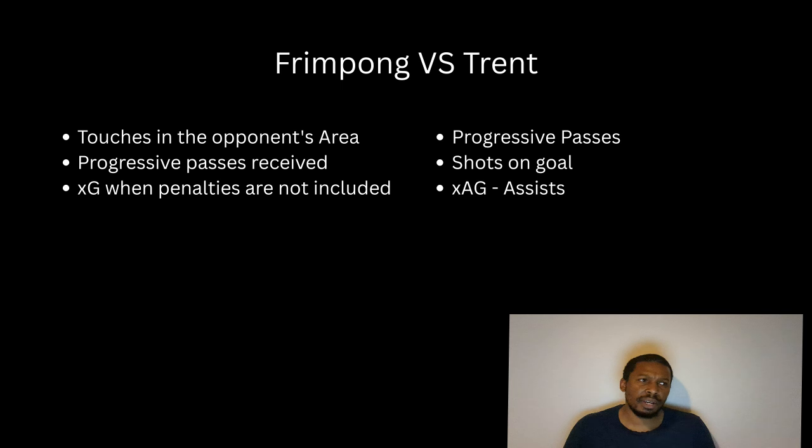And you think, okay, fine, that's what he's good at. But then when you look at Trent Alexander-Arnold, well, he's good at changes. So Trent's high stats were XAG, so expected assists, the amount of shots he was taking, and progressive passes, as opposed to Frimpong, whose progressive passes received.